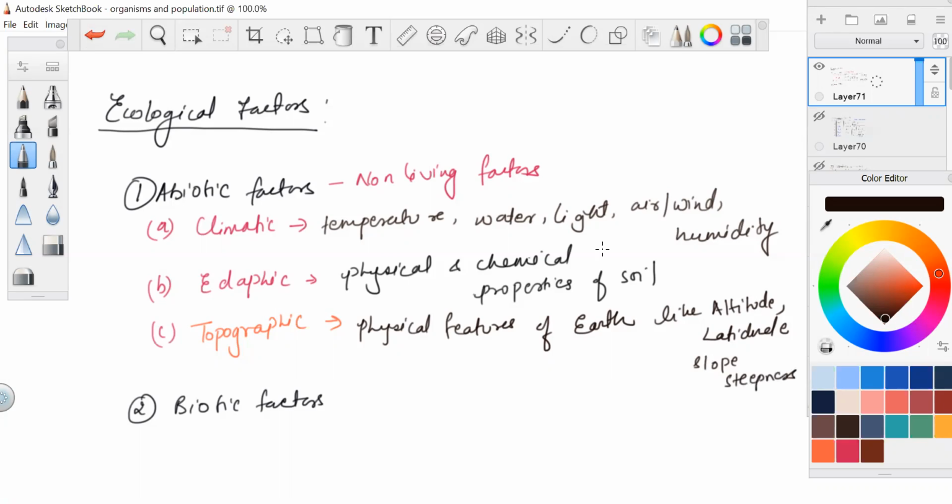They are all abiotic factors: climatic, edaphic, and topographic. And biotic, we all know, plants, animals, microbes, that we have studied also.